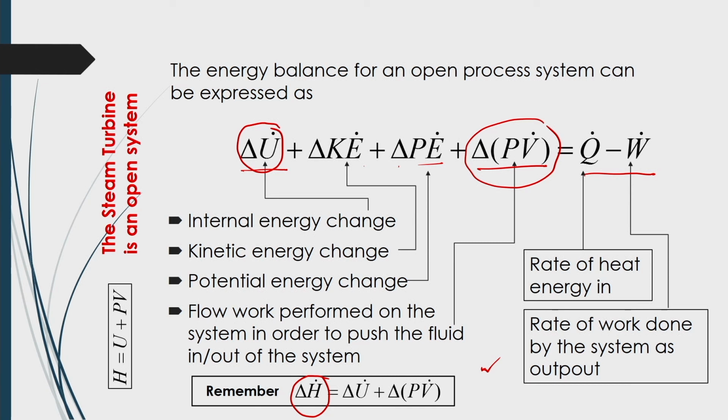So this enthalpy is basically the summation of internal energy plus flow energy. The rate of change of enthalpy will be equal to the summation of the rate of internal energy change plus the rate of flow energy change. So this equation gives you the general energy balance equation for the open condition in continuous mode.